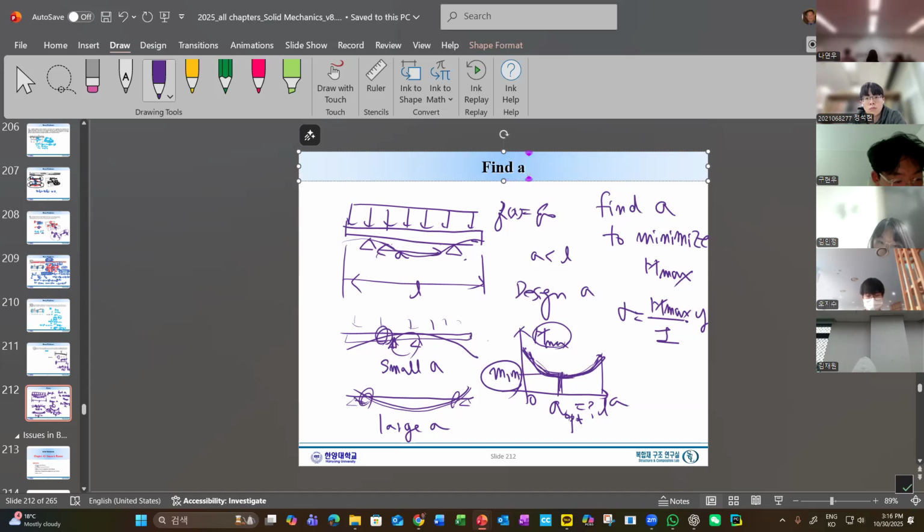Say, find the A again to minimize the bending stress. Okay, well, same as minimizing the maximum moment.